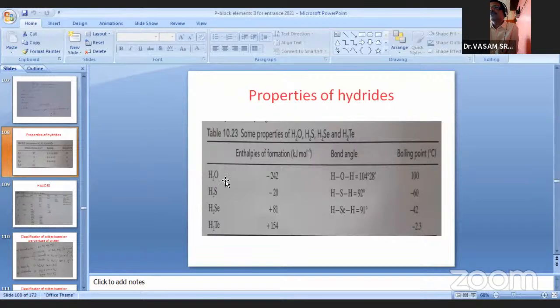Due to hydrogen bonding, water exhibits the highest boiling point, 100 degrees centigrade, at which water changes from liquid to vapor state. H2S has the least boiling point because it is available in gas state.